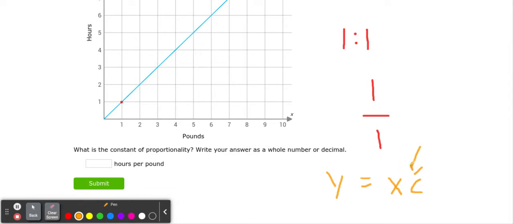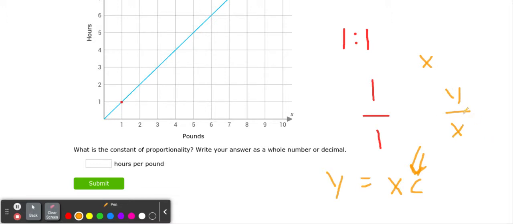I'm just going to make the arrow a little clearer. So as 1 and 1, they would both be y over x. It's pretty much the same thing.